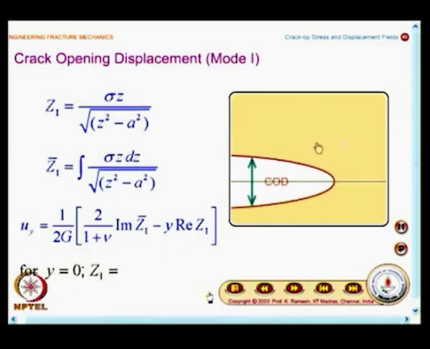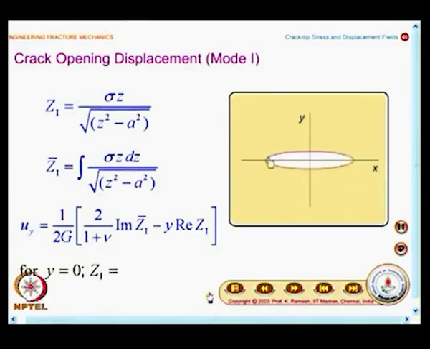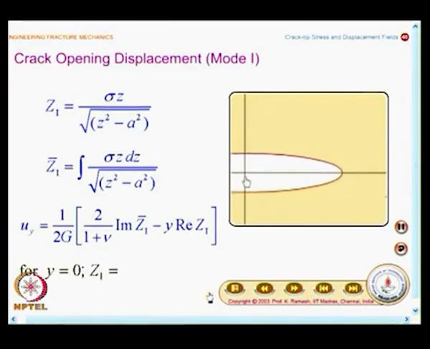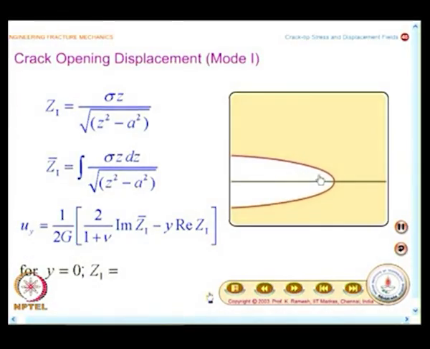In fact, you are going to find out the displacement for the case when y equal to 0, because that is what defines the crack. So, you really want to know for y equal to 0 what is the expression for the displacement.